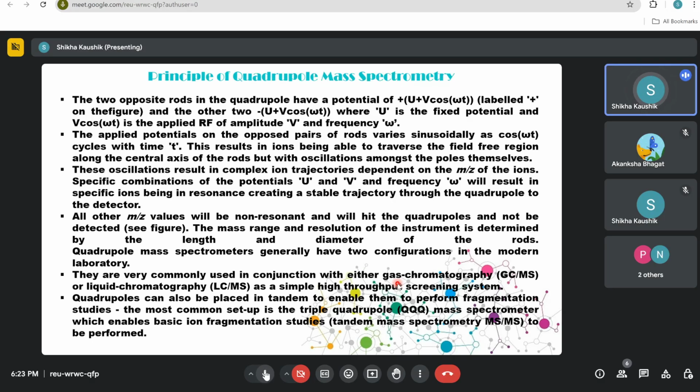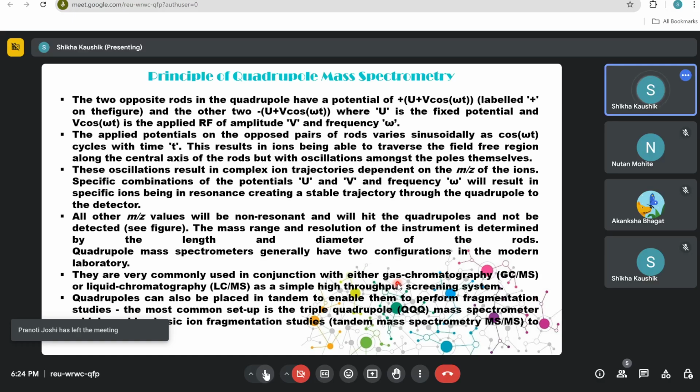So if we look at all the combinations, there could be a possibility that there is a stable trajectory of two ions or similar trajectory, but at the same time all the ions are going to have their own complex trajectory depending upon these parameters. So all other mass to charge values will be non-resonant and will hit the quadrupole and not be detected.